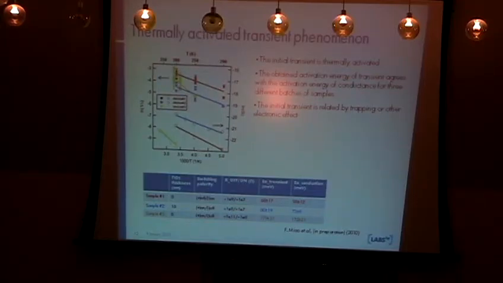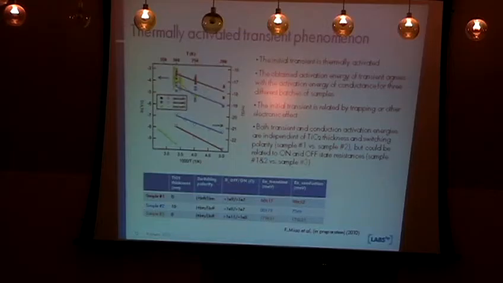Interestingly, if we compare sample 1 and sample 2, which have very similar activation energy, we can find this activation energy is not related to either titanium oxide thickness or the switching polarity. And if we compare sample 3 with these 2, because sample 3 has a slightly larger activation energy, we find this value could be related to the on-off state resistance.